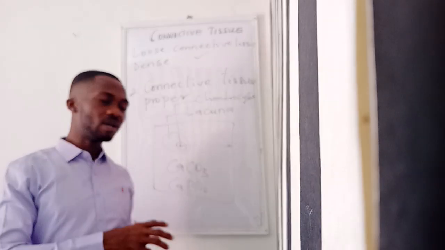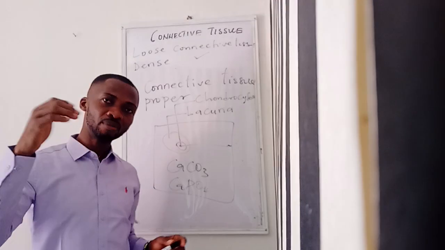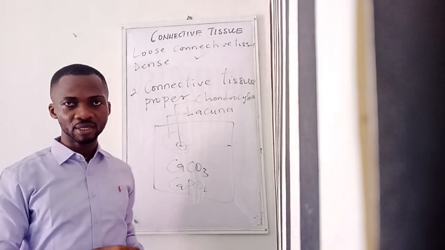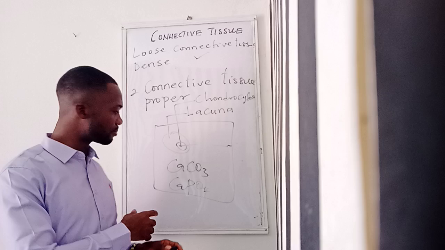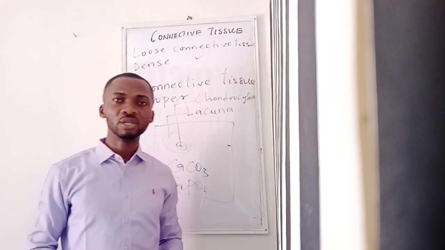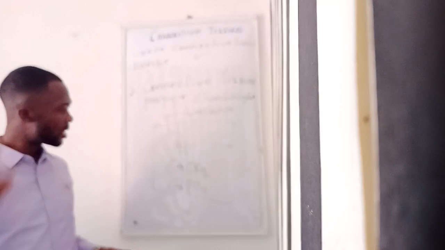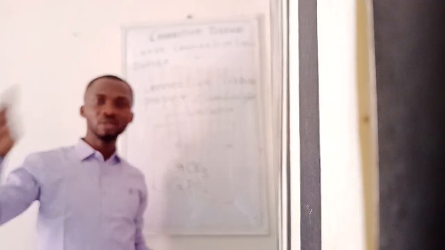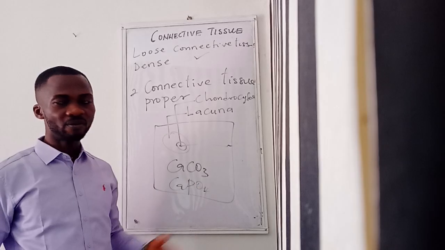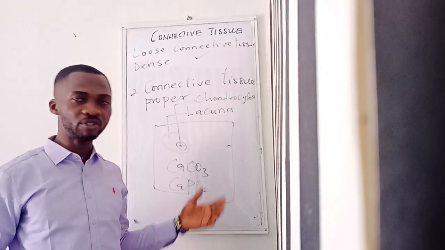These salts make the bone stronger than the cartilage. This bone is secreted by the bone cells called osteoblasts, which are arranged in circles around blood vessels and nerves to form what is called the Haversian system.